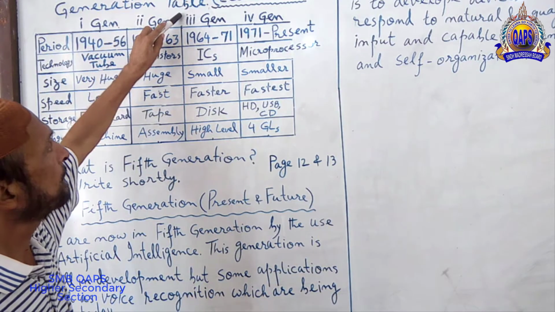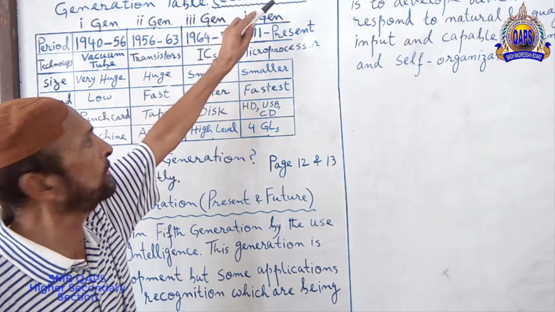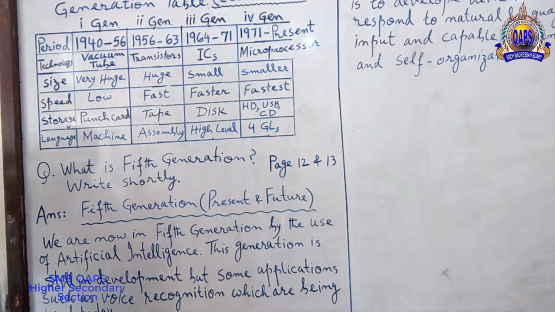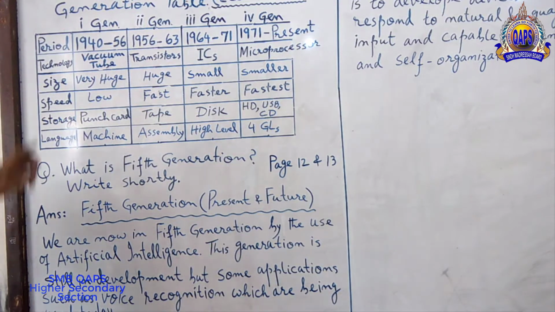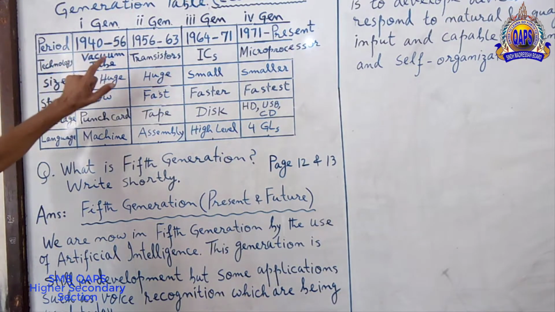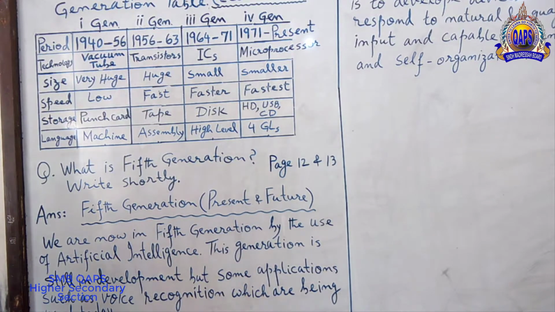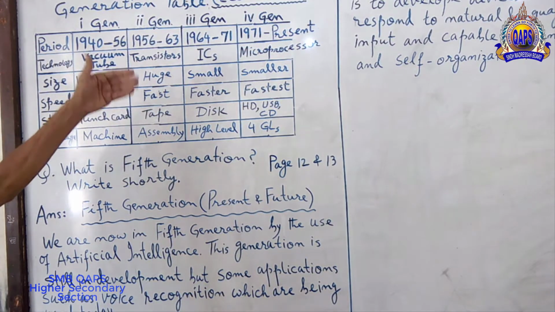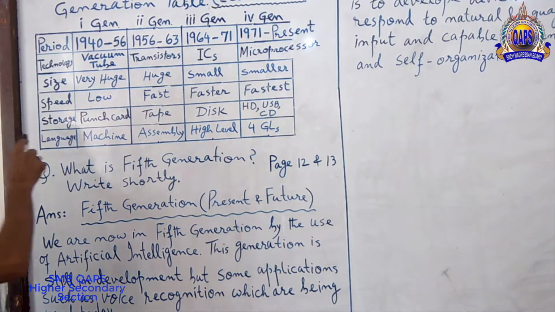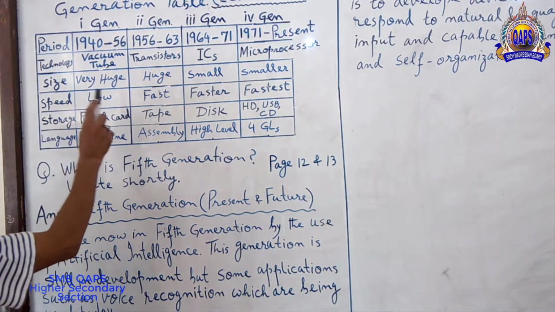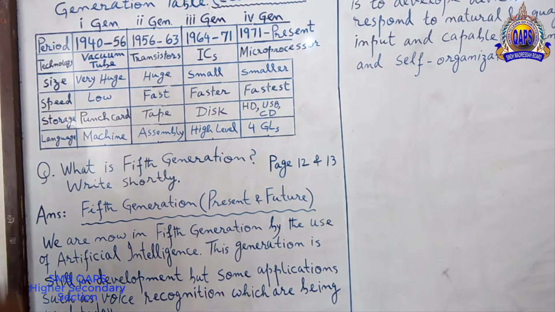Generation table. This is my lecture number 3. Have a look. Period, first generation. The period was from 1940 to 1956. Technology, vacuum tube, size very huge, speed low, storage, punch cards.